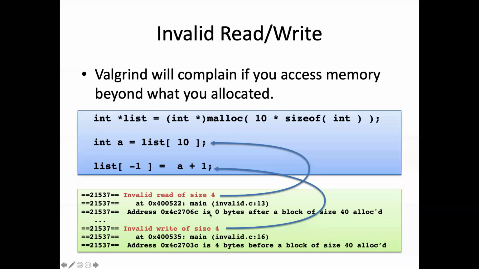Here I'm writing right past the end, and here I'm writing right before the start, but the report is different because it's talking about the starting address. For this write, the starting address is 4 bytes earlier, but here it's right past the end of the array.